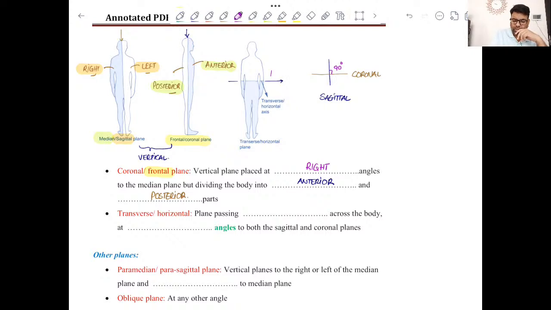right? So this is a horizontal plane, and it is dividing the body into upper and lower parts. Okay, so this is the transverse or horizontal plane.